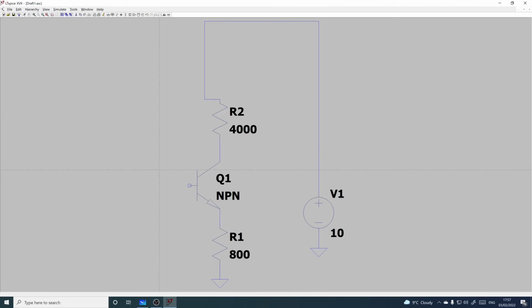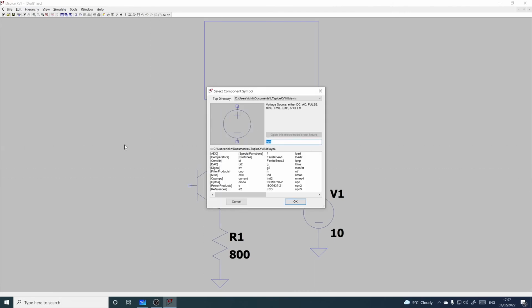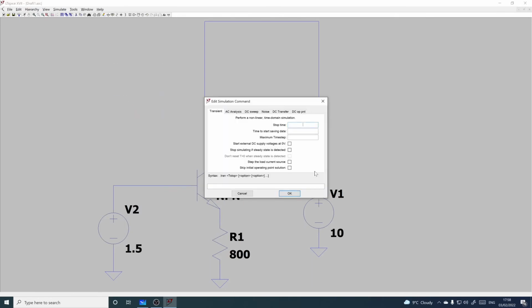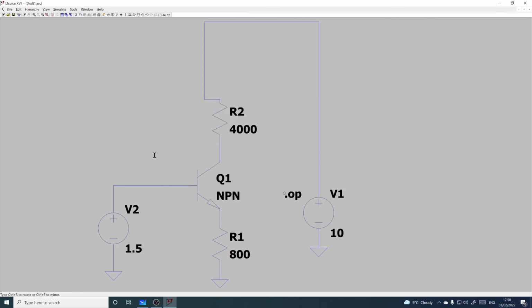Okay, luckily it's so small you can't actually see the idiotic mistakes I've made.